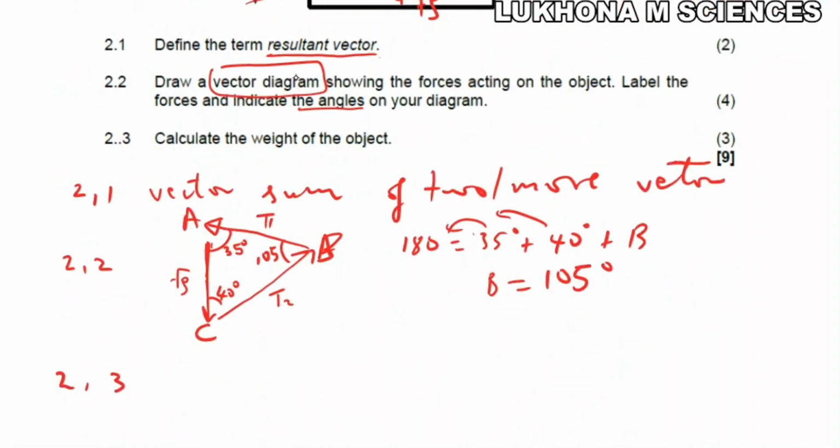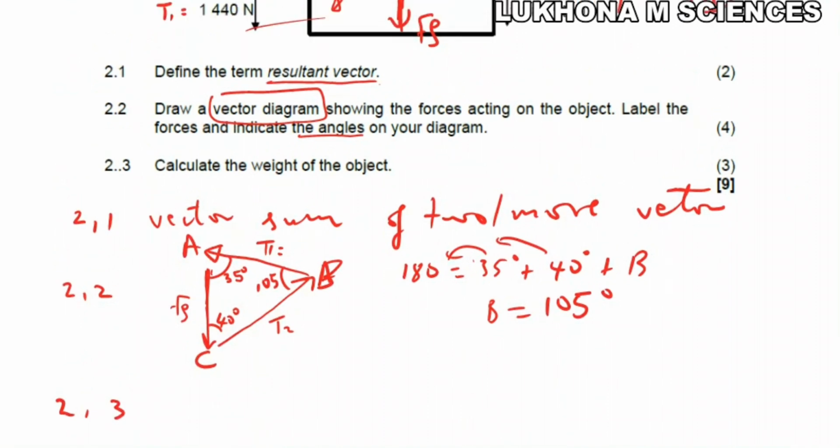Remember that T1 is equal to 1,410 newtons. Then T2 is also given, 1,284.95 newtons. So we can use this triangle to get this one.